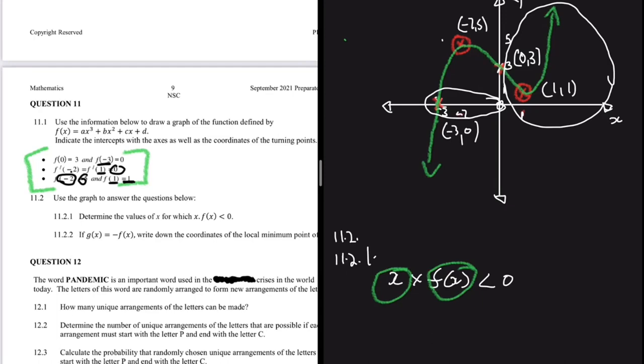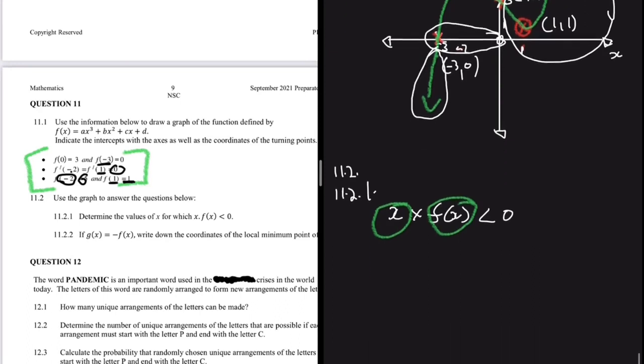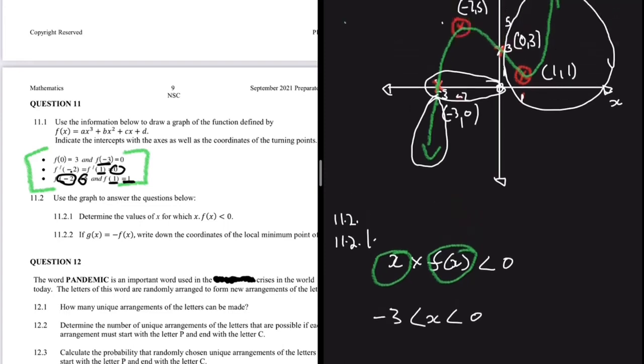But then if you go below -3, then both y and x are negative, so the product will be greater than 0. So we only need the x to be between -3 and 0. If x is between -3 and 0, then x multiplied by f of x will be less than 0.